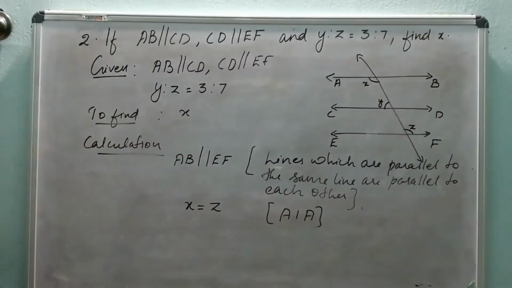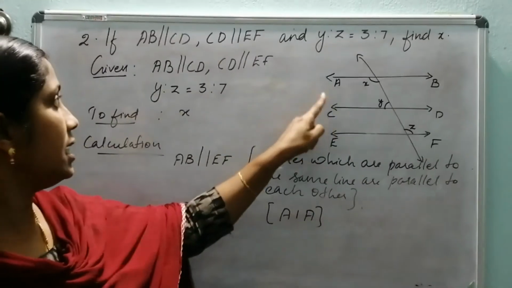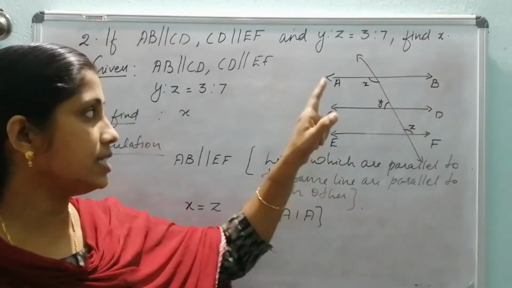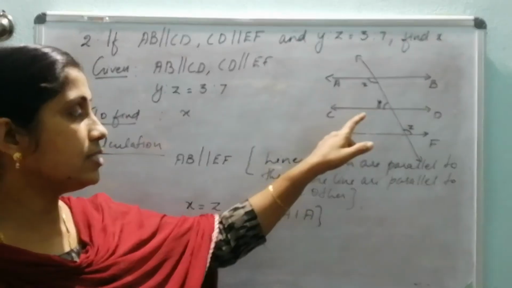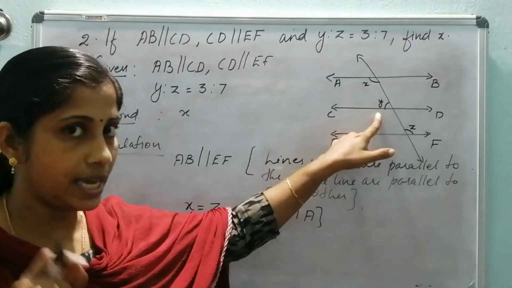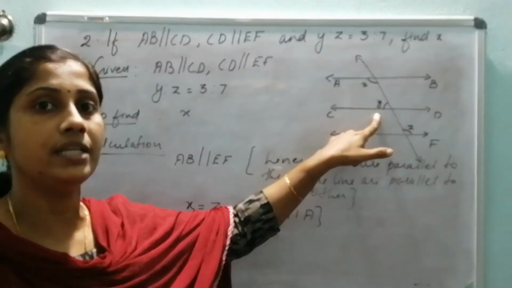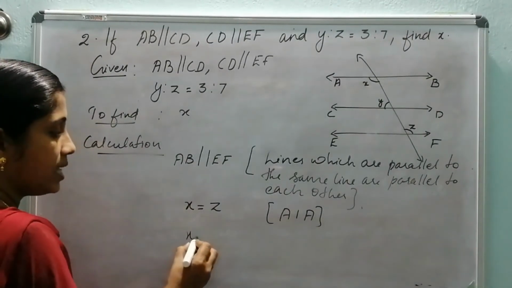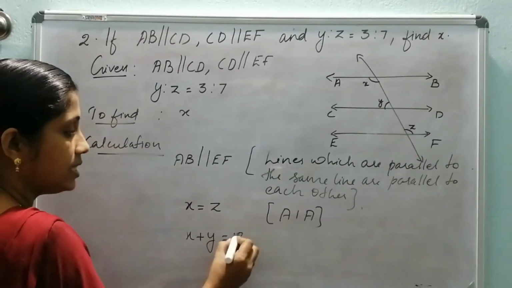In the same way, what can we say about AB and CD? It is given that AB and CD are parallel, and here there is a transversal. So, since AB is parallel to CD, x and y are co-interior angles. Since the lines are parallel, co-interior angles are supplementary. So we can write that x plus y is equal to 180 degrees.